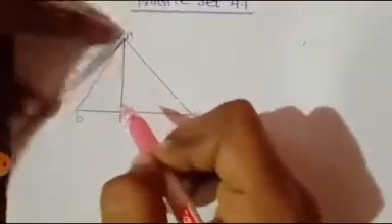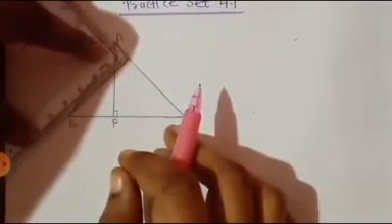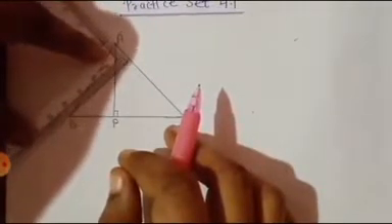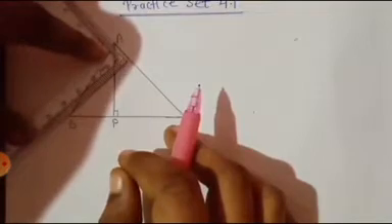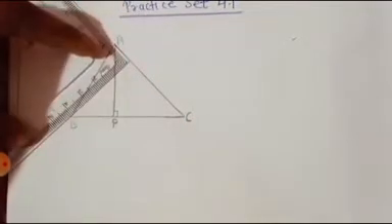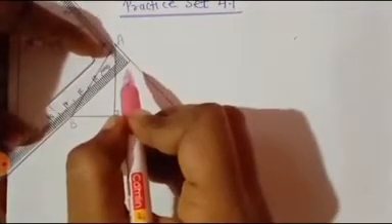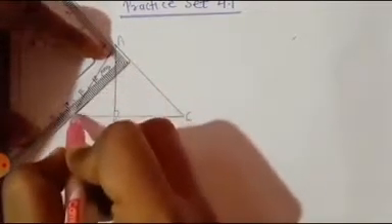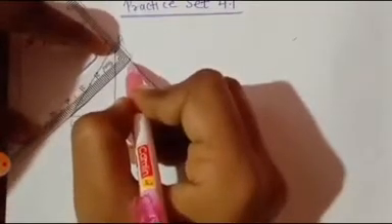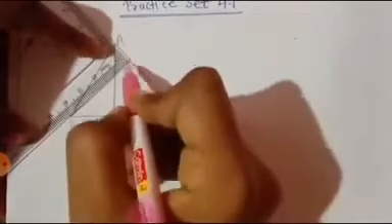If you want to draw the second altitude through the point B, we will set our set square like this and draw a straight line perpendicular to the segment AC, making 90 degrees. This is also called an altitude. In one triangle, at the most we can draw only three altitudes.